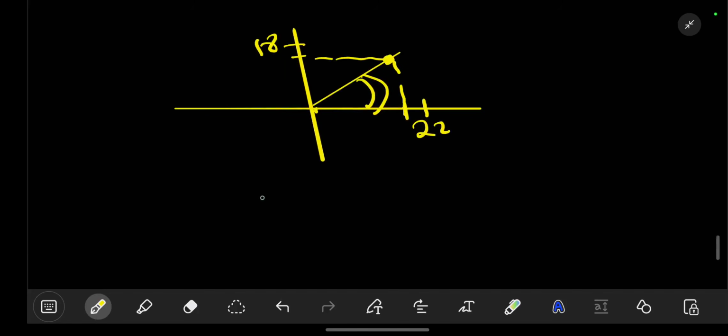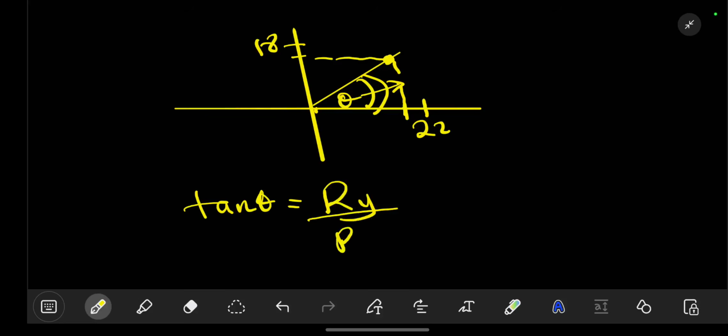To find the direction, we use tan of theta equal to opposite over adjacent. If the angle is here, the opposite side is your height, which is your Ry, over your Rx.